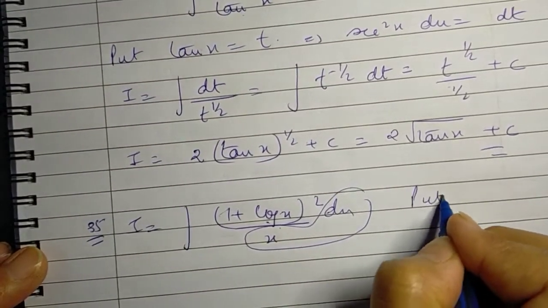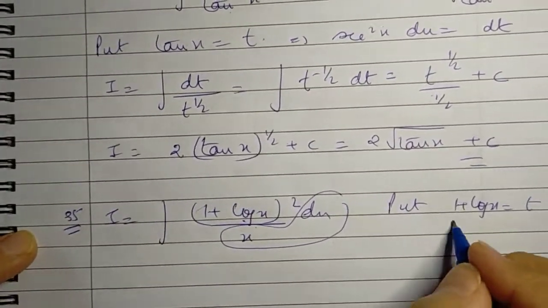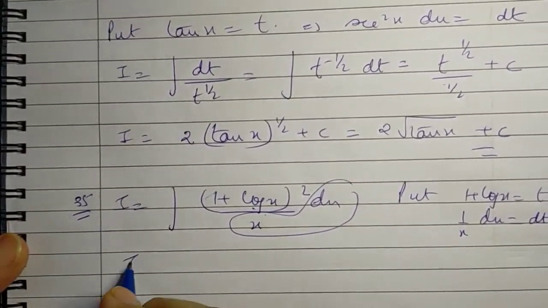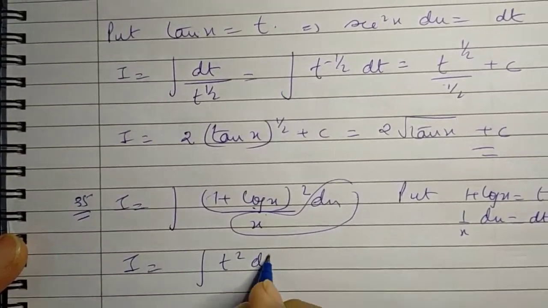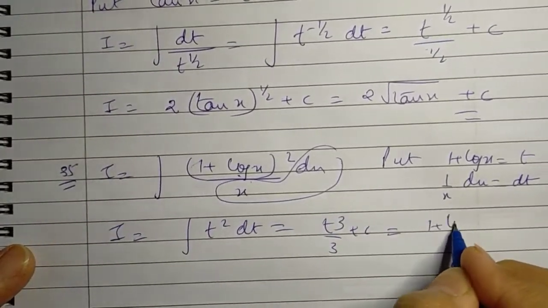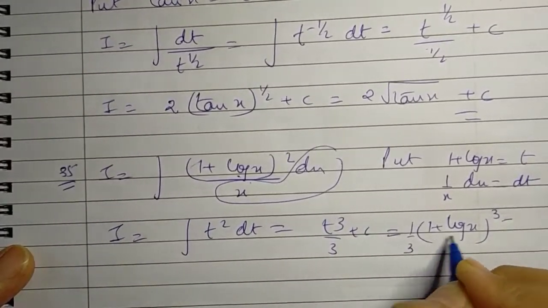So put 1 plus log x as t. 1 upon x dx is dt, and it can be solved as I is equal to t squared dt, which is t cube over 3 plus c, which is 1 upon 3 times 1 plus log x whole cube plus c.